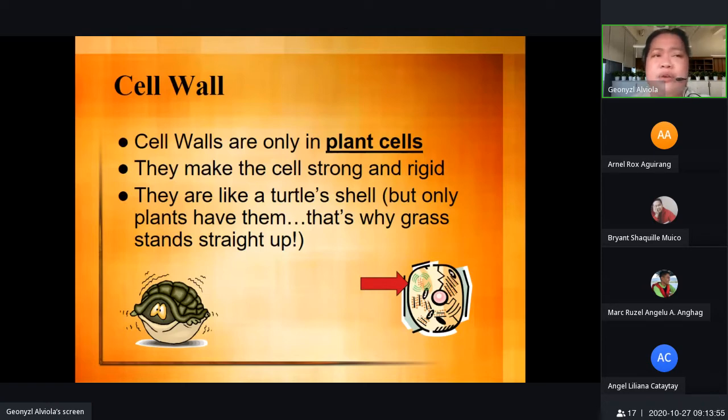Fungi also have this kind of organelle, but to differentiate between plants and fungi, they differ in composition. So they differ only in composition, even in prokaryotes and protozoans.